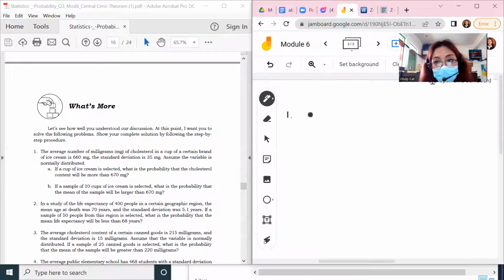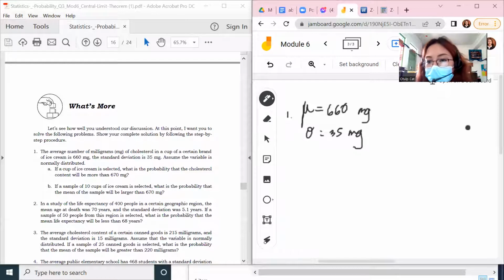What's given? The average number of milligrams of cholesterol in a cup of a certain brand of ice cream is 660 milligrams. So average, 660 milligrams of cholesterol, given. We also have the standard deviation, which is 35 milligrams.